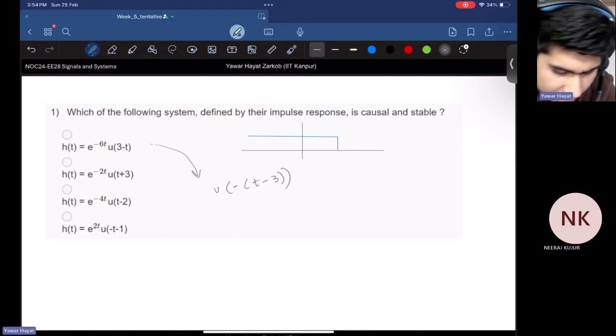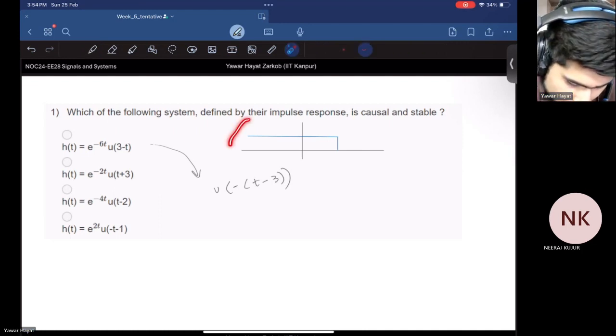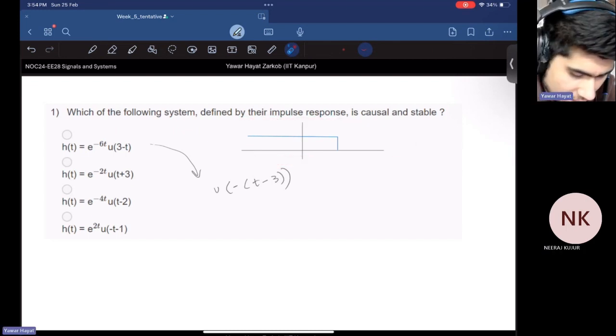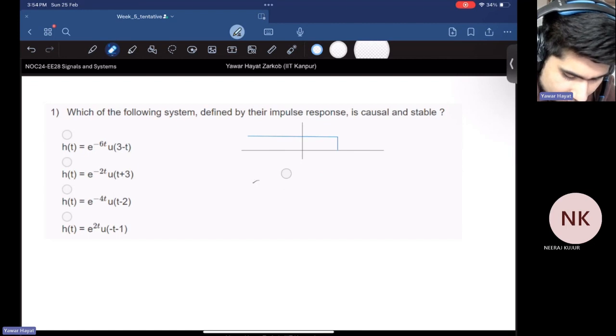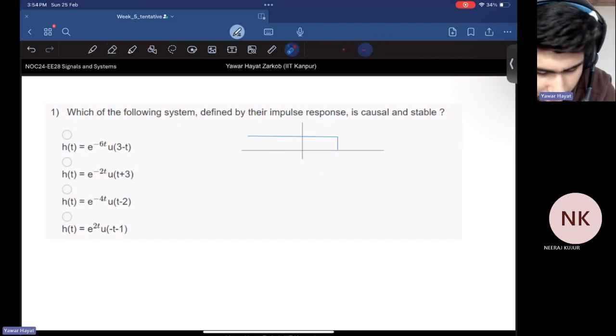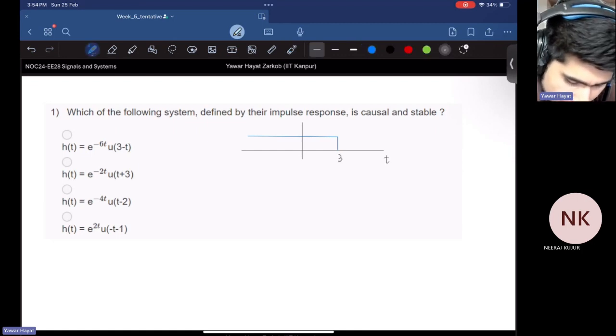So this would be a reversal and a delay. That's why I wrote this as u of 3 minus t. And again, a simple check would be at t equals 3, this should be 0, right? And that is indeed the case. At t equals 3, this is 0.